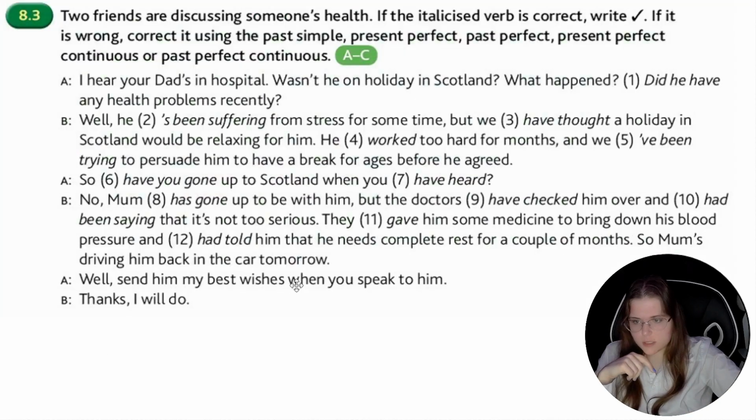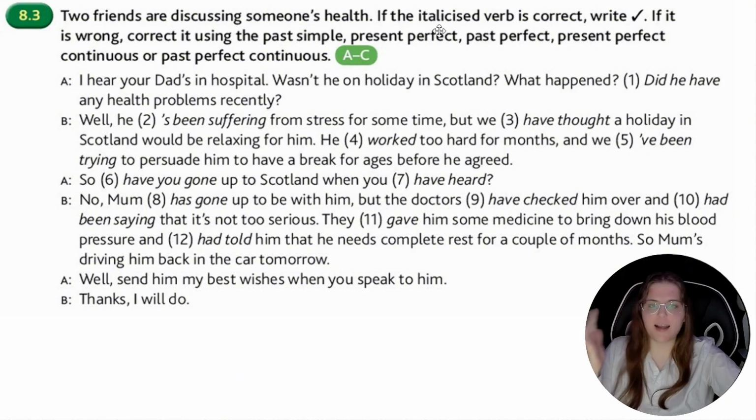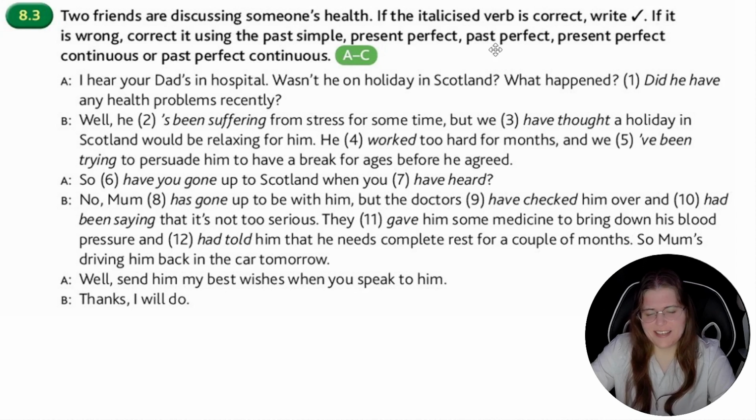And the last exercise. Two friends are discussing someone's health. If the italicized verb is correct, put a tick. If it is wrong, correct it using the past simple, present perfect, past perfect, present perfect continuous, or past perfect continuous.